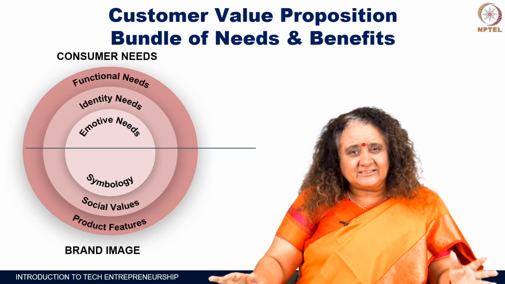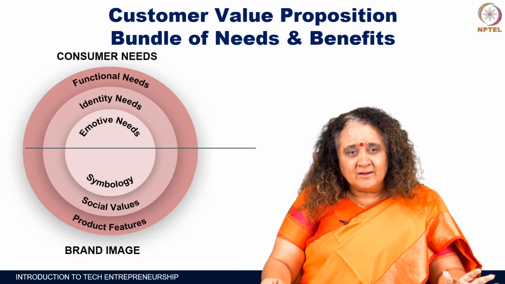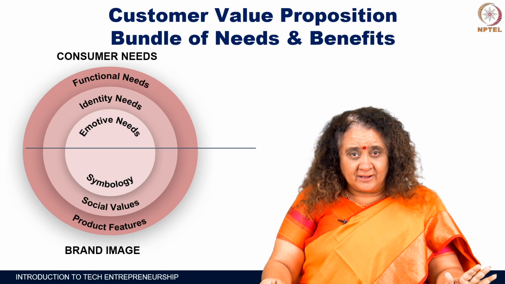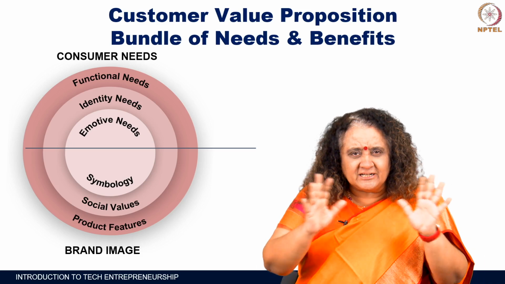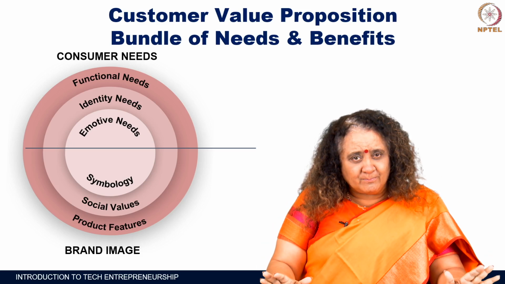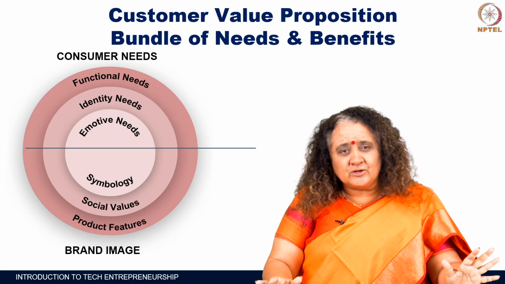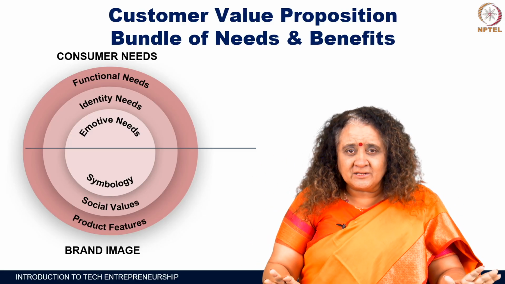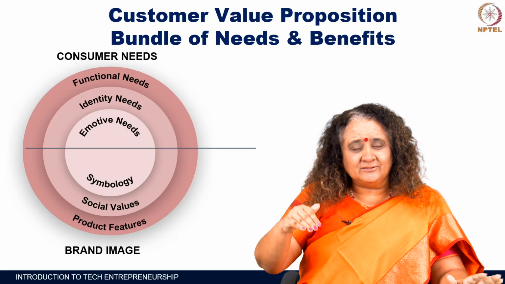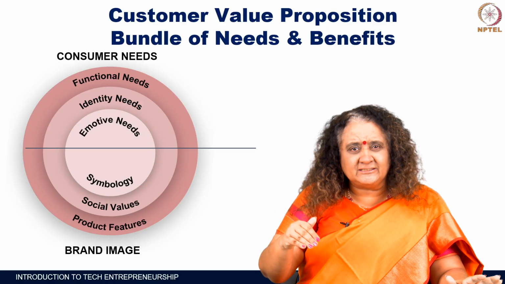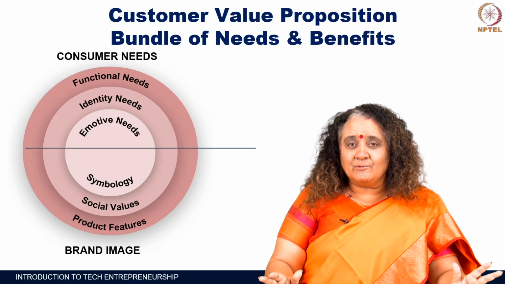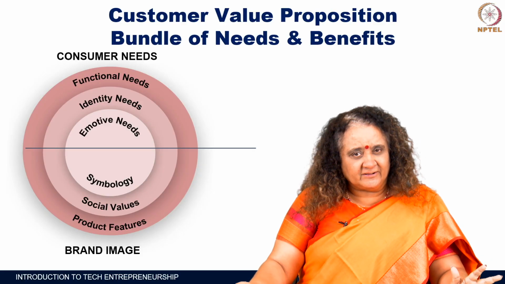So, suffice it to say that at this point of time, we are looking at the needs that customers have from the product, and we call them functional needs for argument's sake at this point, and say that we are going to move from the nice customer value proposition that we had developed into the benefits, functional, emotional benefits that customers are looking for, and how can we design our product for those benefits.